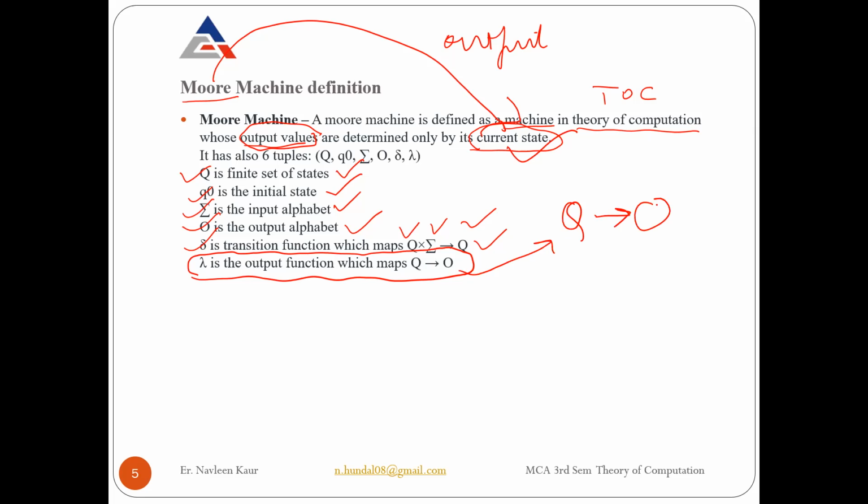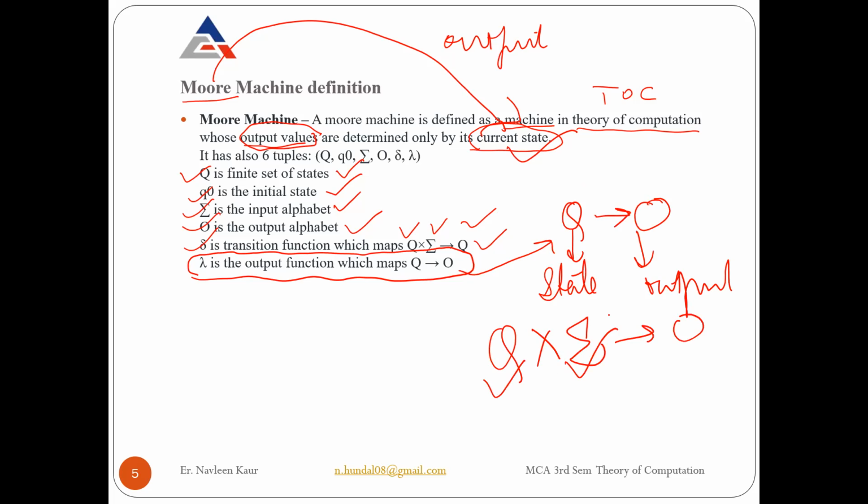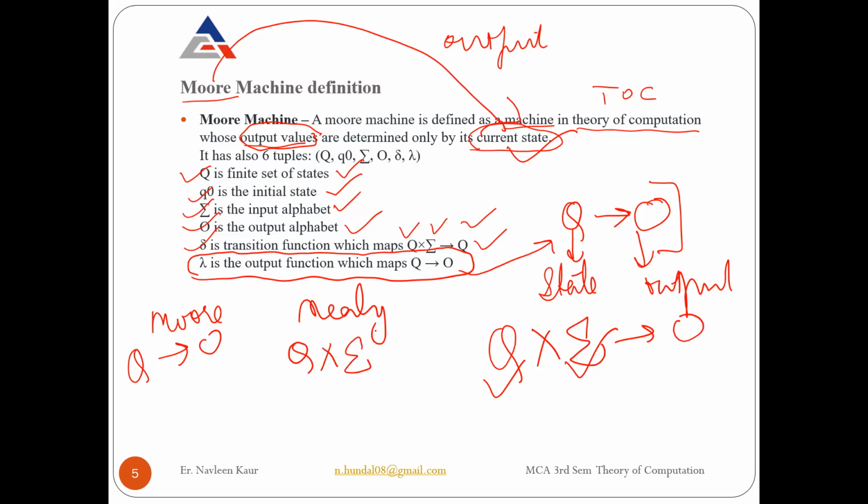Output only depends upon Q, the state, and O is the output. It says that your output is only dependent upon the current state. And in case of Mealy, what was it? Output depends upon both current state and the input. The only difference, if I write it in a single slide, this is Moore, this is Mealy. For Moore, your current state defines the output. For Mealy, your current state and the input define the output.